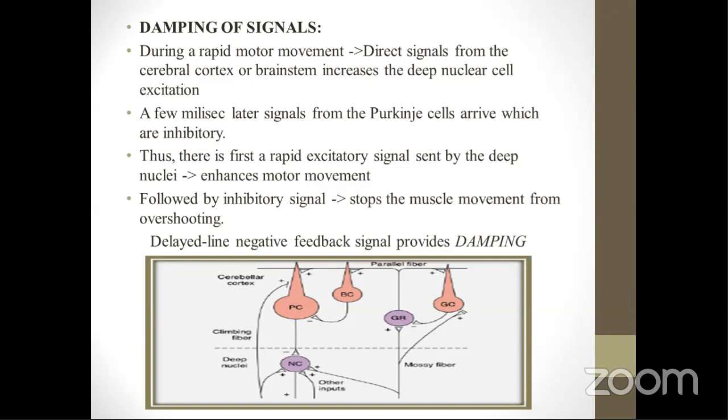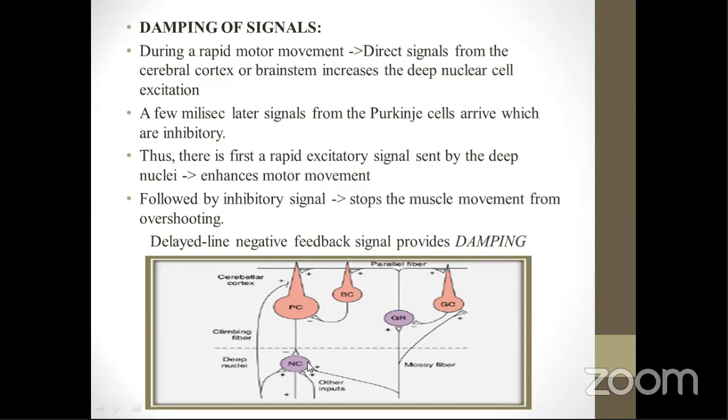But a few milliseconds later, the signals will also come via the Purkinje cells to the deep nucleus cells, and these are inhibitory. So all other inputs will cause the excitation of the deep nucleus cells and cause that rapid movement. But a few milliseconds after, this Purkinje cell is causing the inhibition of these nuclear cells.